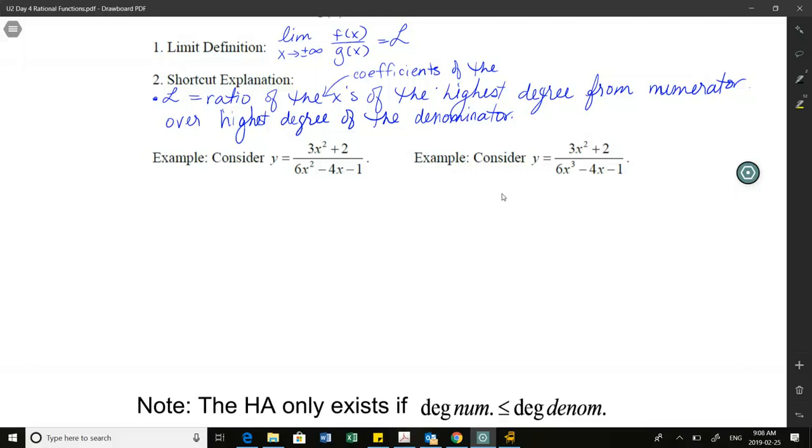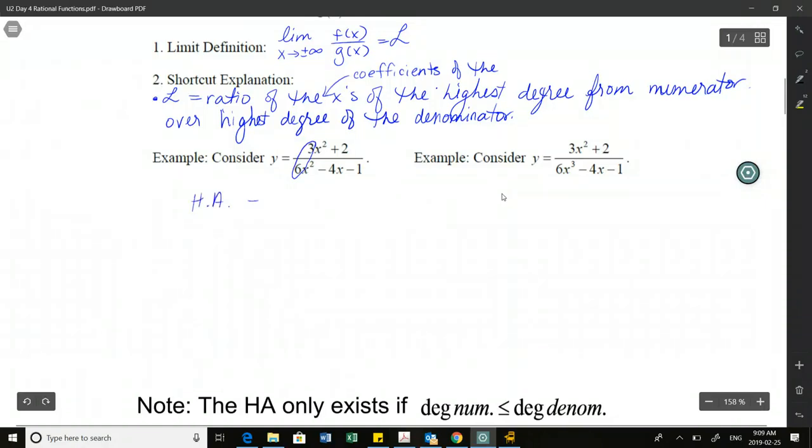Good. And that's both on the top and the bottom, right? So this one's actually pretty easy because we can see both of them. The horizontal asymptote is just the ratio of the coefficients of those x's. 1/2. So we get the line y equals 1/2.